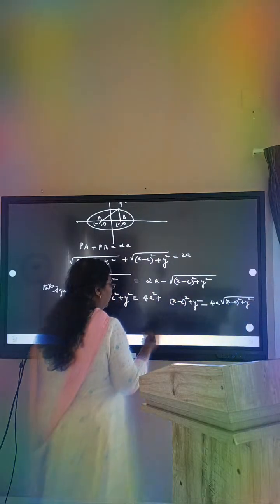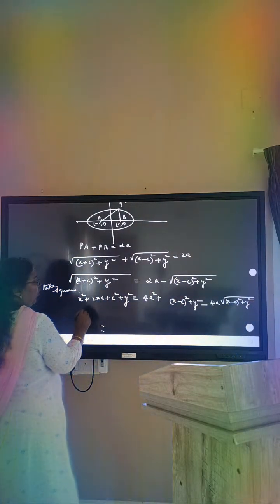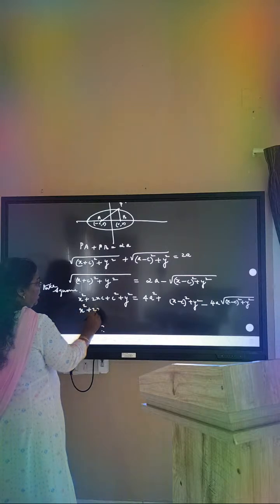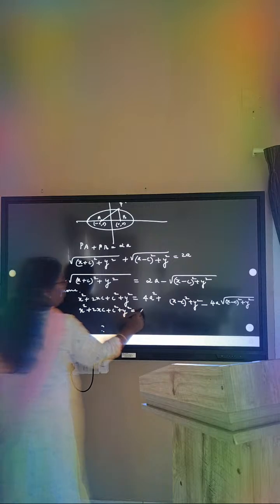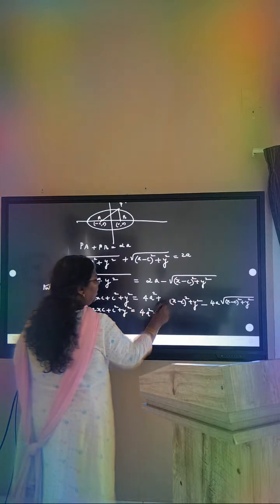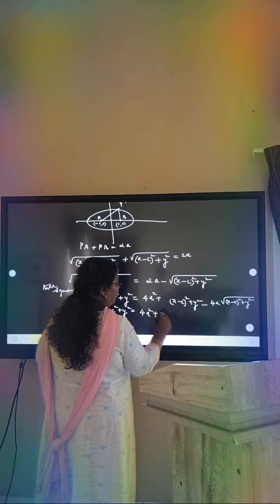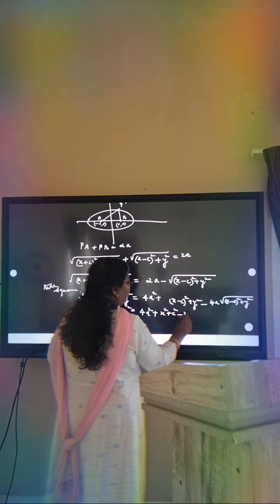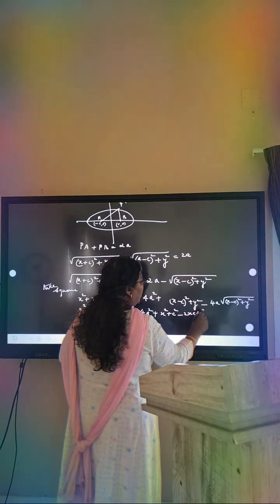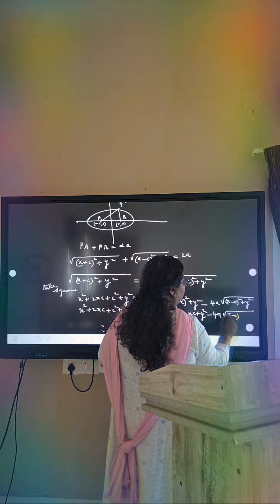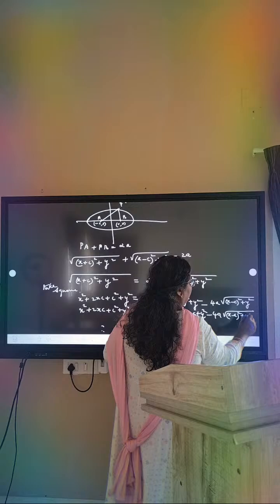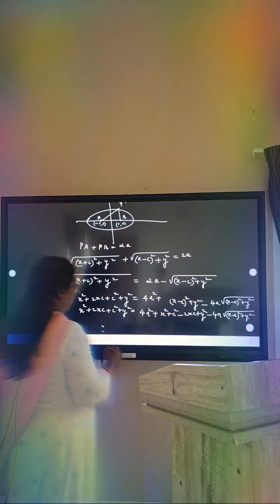Again simplifying, x square plus 2xc plus c square plus y square is equal to 4a square plus x square plus c square minus 2xc plus y square minus 4a into the square root of (x minus c) the whole square plus y square. Some of the terms will get cancelled.